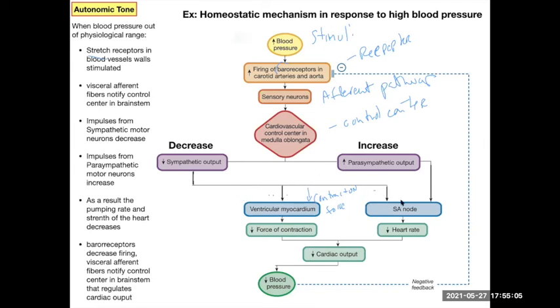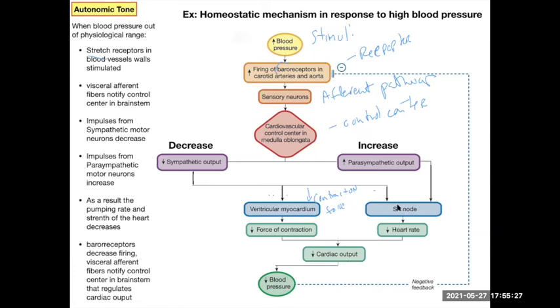The other thing is the rate is determined by, like I said, they're autorhythmic. There's a group of specialized cells in your heart that set the pace, how fast your heart beats, boom, boom, boom, faster or slower.